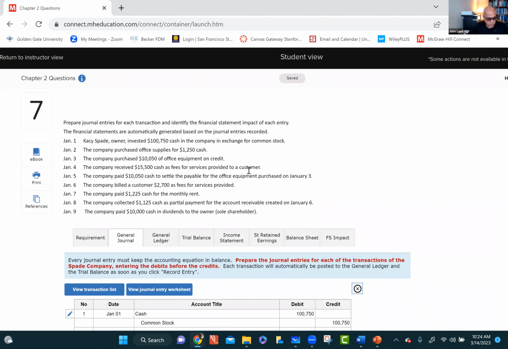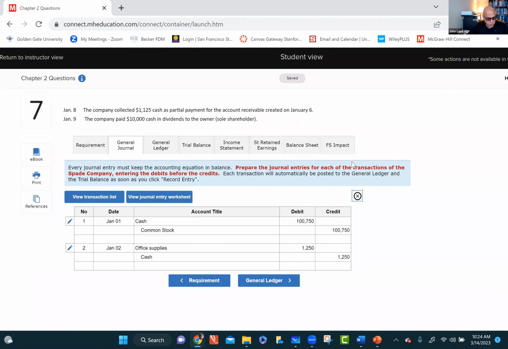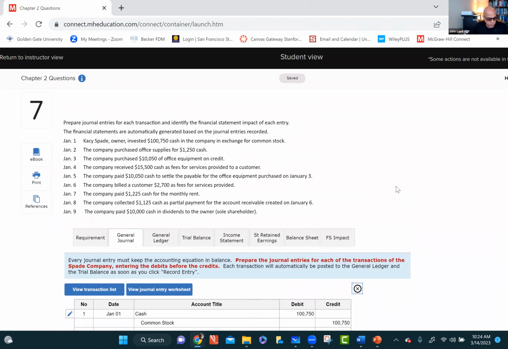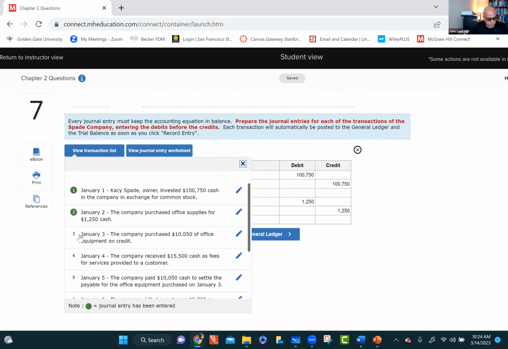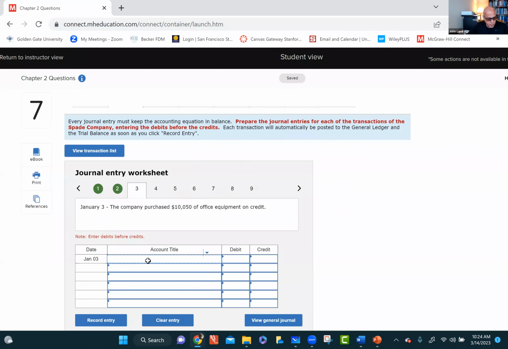Let's do 2 more. Okay. So the company receives 15,000 cash as fees for service. Good. I want to enter that next transaction, view transaction list. Okay, there it is. Click down there.